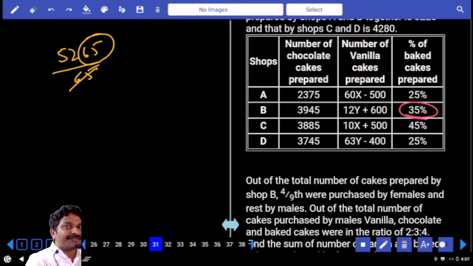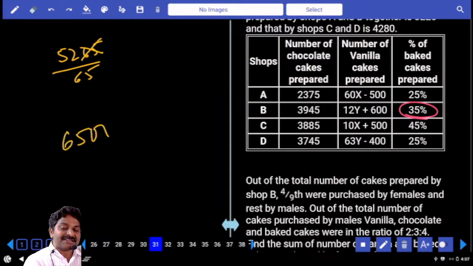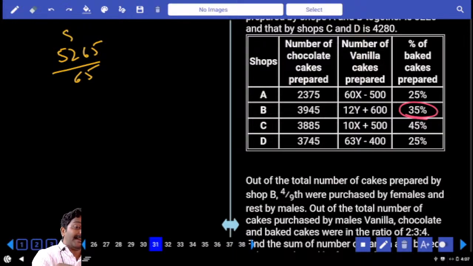The last two digits 65 are there, right? Forget about it for some time. What is 6500 times? 6500. Apart from 65 in the first two digits, what is the number? 5200. 5200 is how much less than 6500? 1300, which is 20 times of 65, right? 100 times minus 20 times is equal to 80 times, and then 1 time.